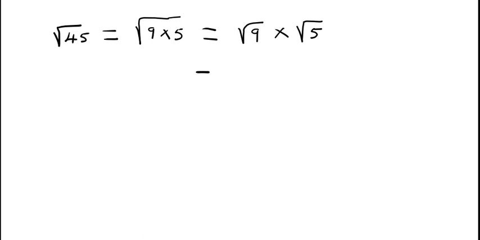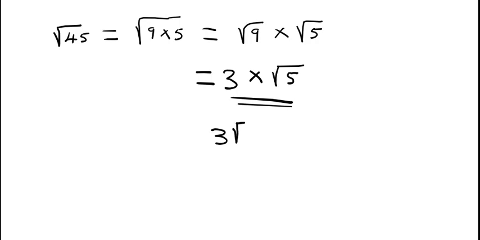Square root of 9 is 3. Then multiplied by square root of 5. So this becomes your answer, or you can write it as 3 root 5. This is the answer in a simplified form.